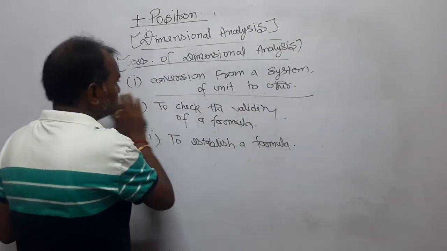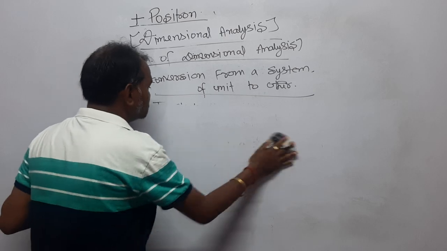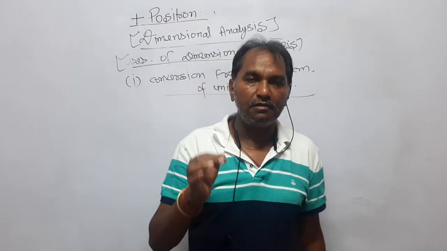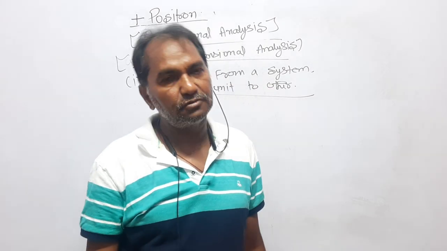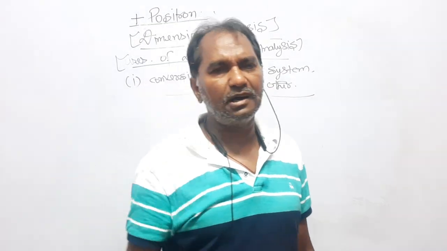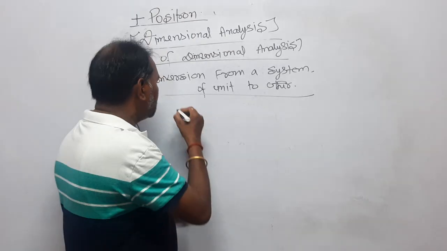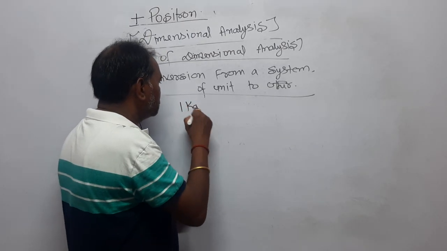Now, dear students, let's study in brief the first one, converting a physical quantity from one system of unit to another. How can we do it? The basic concept involved here is, let it be given 1 kilogram sugar.